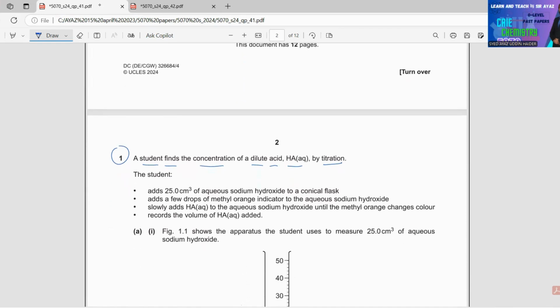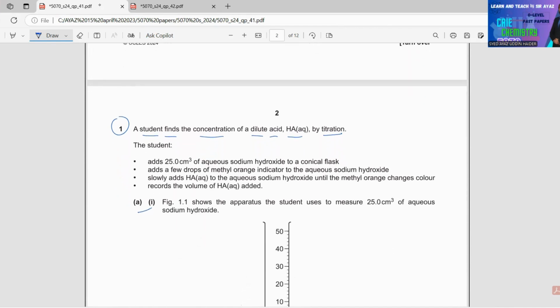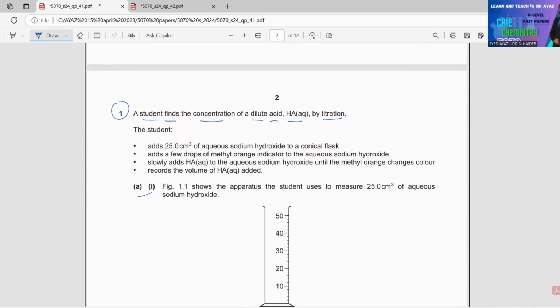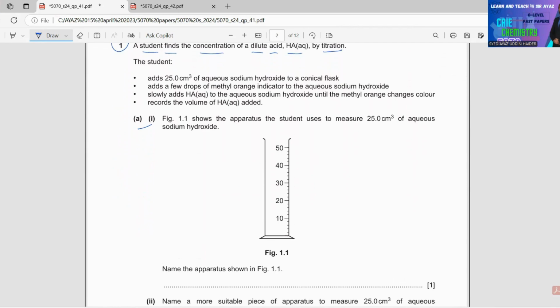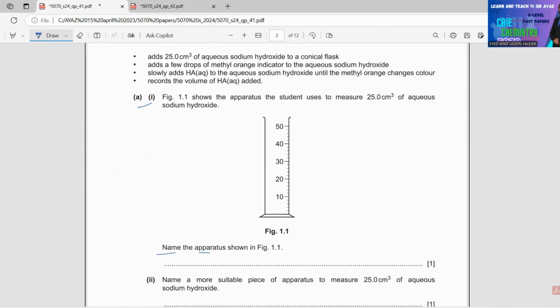Part A, 1. Figure 1.1 shows the apparatus the student uses to measure 25 centimeter cube of aqueous sodium hydroxide. Name the apparatus shown in figure 1.1. You know that's measuring cylinder. So we will write measuring cylinder here.